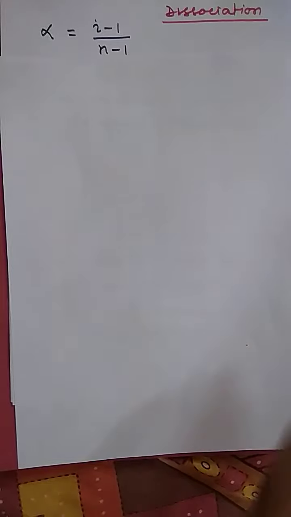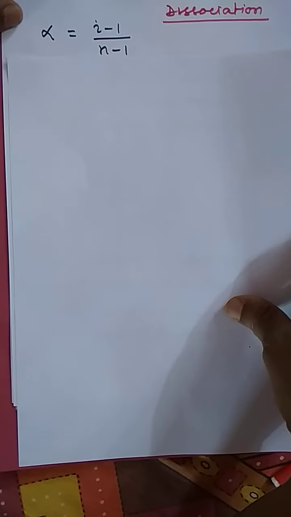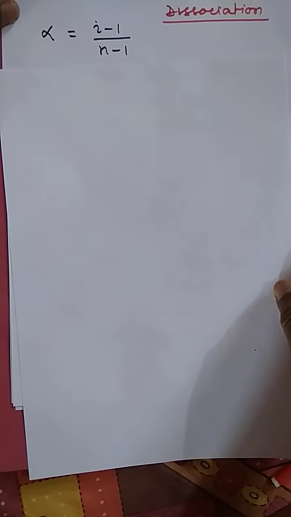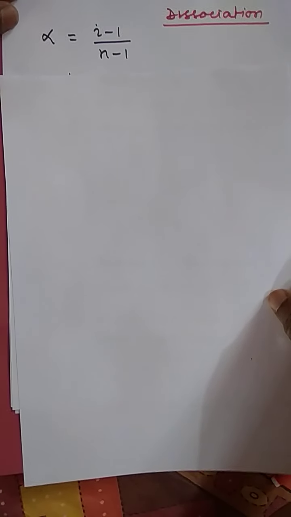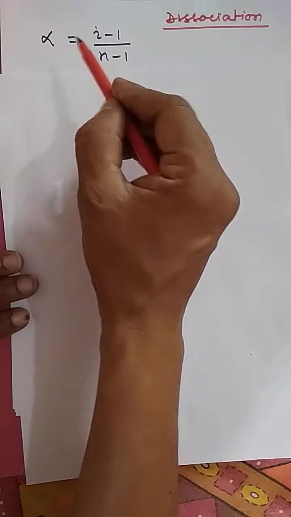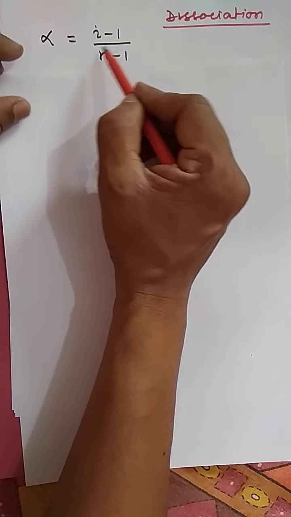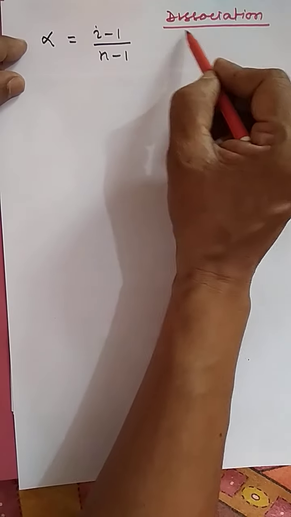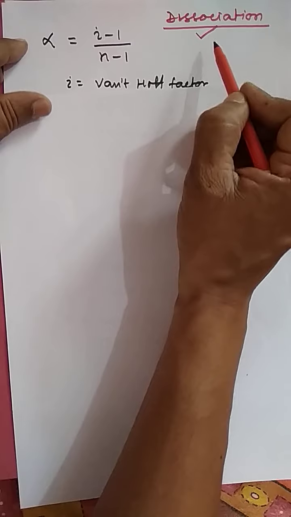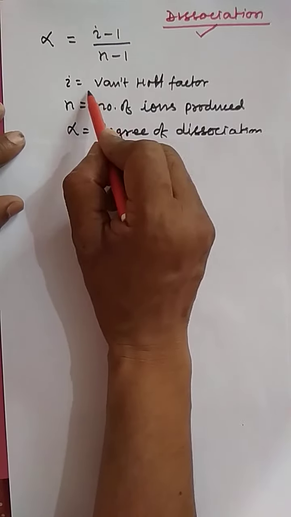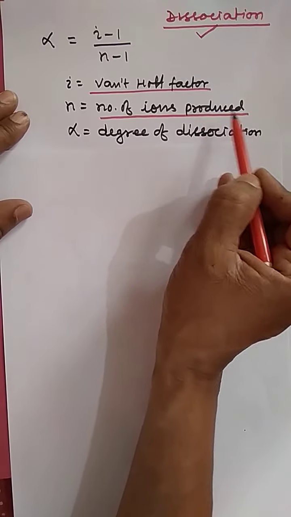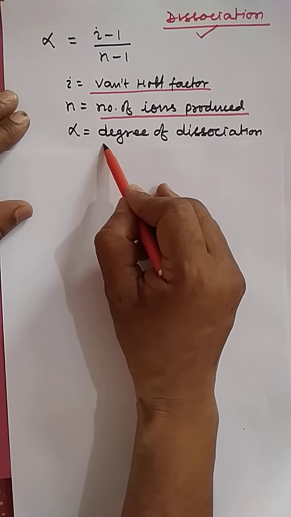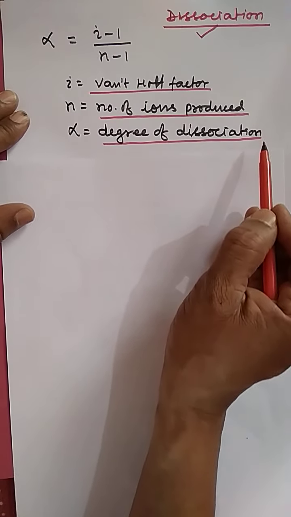Now, well friends, you can use this formula also if the problem is related to Van't-Hoff factor. Alpha is equal to I minus 1 upon n minus 1 in case of dissociation, where I is Van't-Hoff factor, n is number of ions produced, and alpha is degree of dissociation, right?